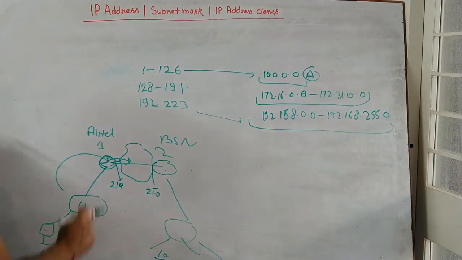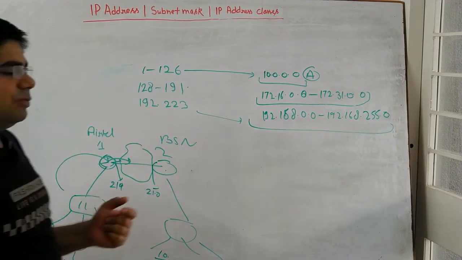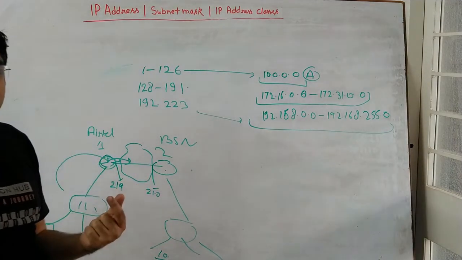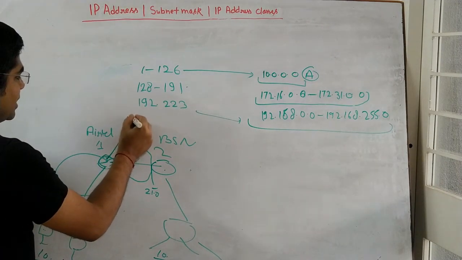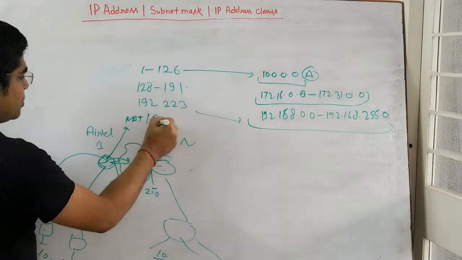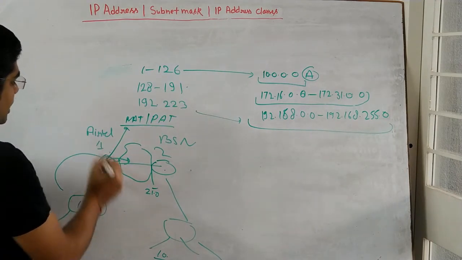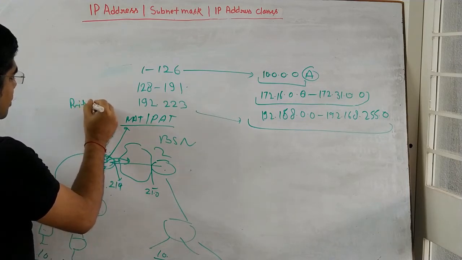To resolve this, at the exit point where your default gateway is, where traffic goes out to the internet, we configure NAT, network address translation, or PAT, port address translation. It converts the private IP address to public.